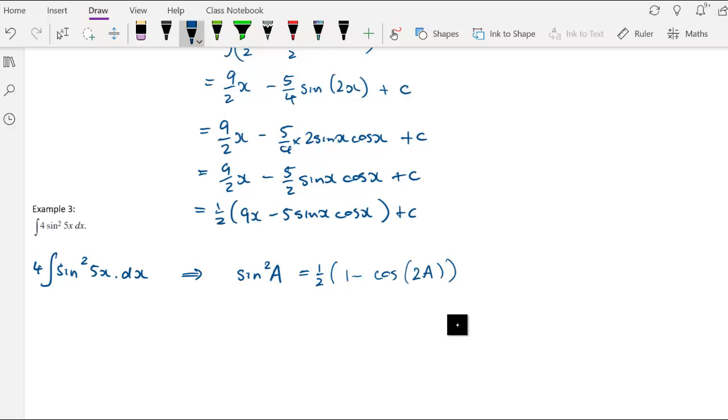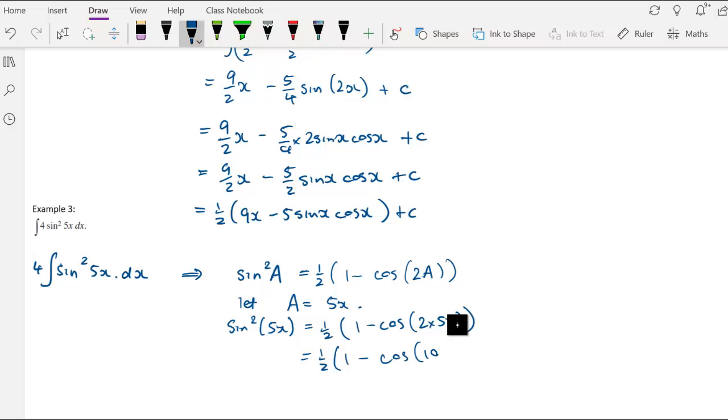Now, if we let a equal 5x, then it's pretty easy to see what we're going to do here. We can say that sine squared 5x is equal to 1/2, 1 take cos, then we've got 2 times 5x, which means we're looking at 1/2, 1 take cos 10x.